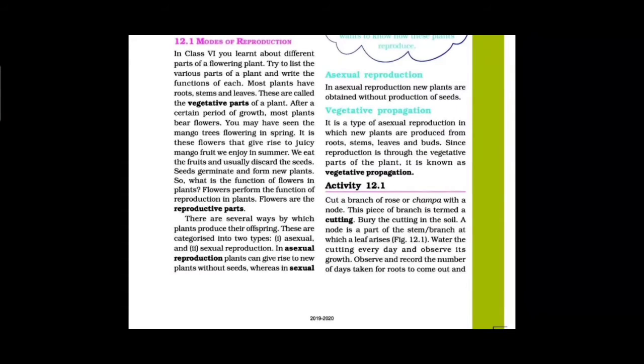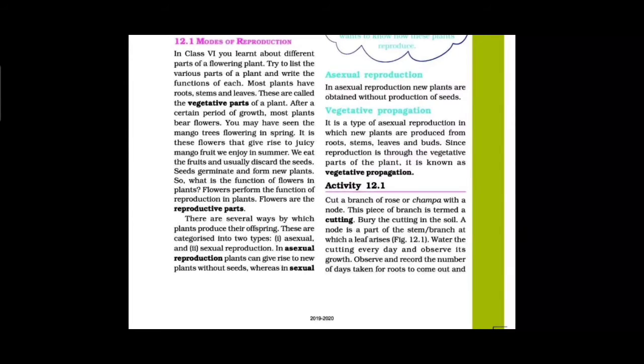Without seed is called what? Asexual reproduction. With seed is called what? Sexual reproduction. Can you all understand?